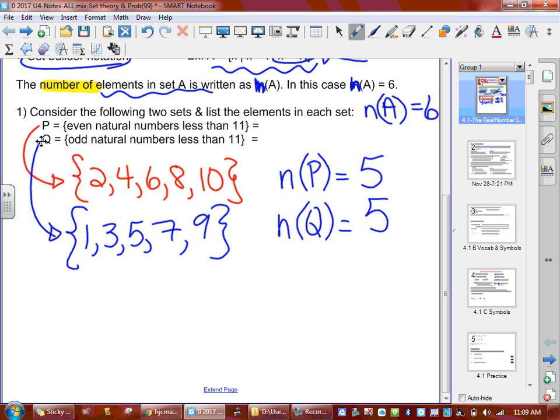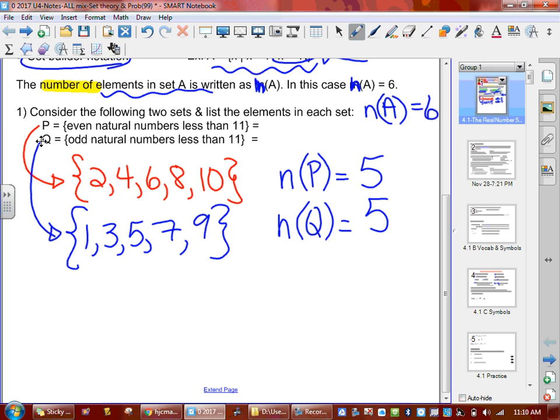They're all natural. That's the only thing they have in common, because they've been separated into odd and even. If I were to say, draw me a picture of what that could look like, you would have two separate diagrams, one of even numbers and one of odd numbers.